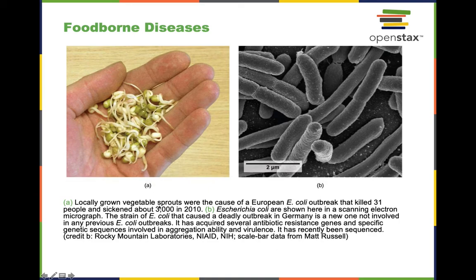These sprouts, vegetable sprouts, were infected by E. coli. I'm sure you've heard about the outbreak of E. coli in lettuce. Once in a while, we have that in romaine lettuce. So that's another example of bad bacteria that gets into our food system.